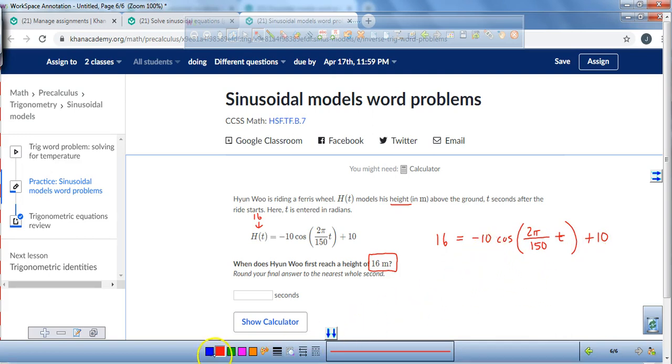Now, when we're solving this, here's our equal sign right there. The first thing I'm going to do is take away a 10 from this side, and take away a 10 from this side. I'm going to get 6 equals negative 10 cosine of 2 pi over 150 times t.